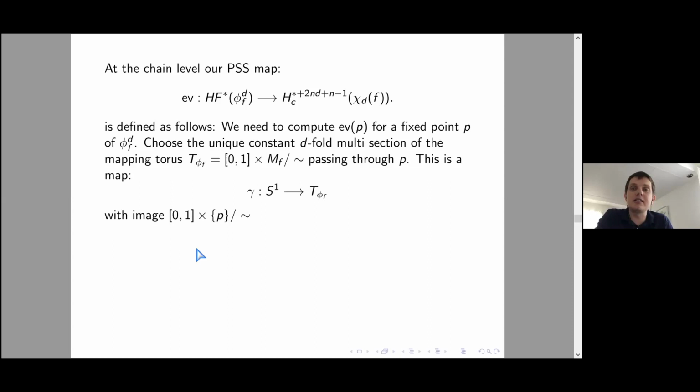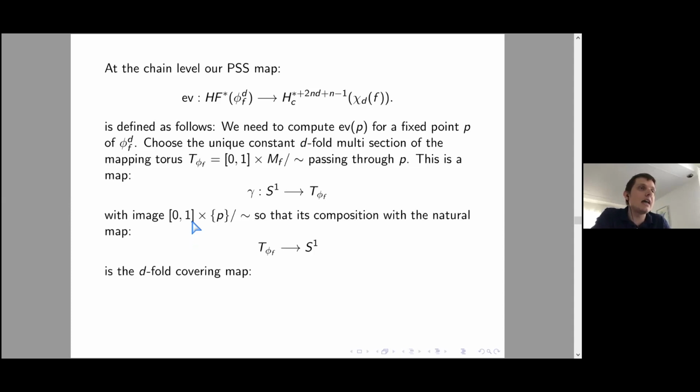This is the unique map gamma from the circle to my mapping torus whose image is constant and passing through P, so that its composition with the natural map to S1 is the d-fold covering map, which is just a map wrapping the circle around d times like this.